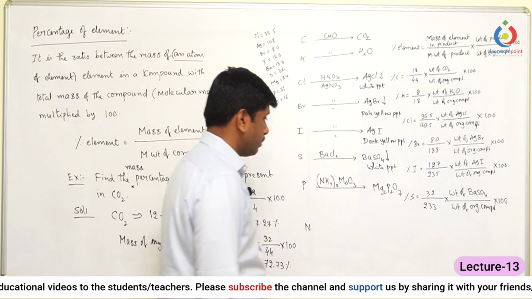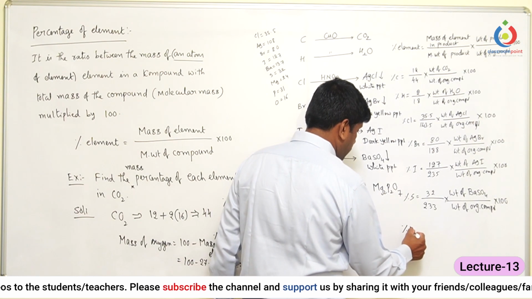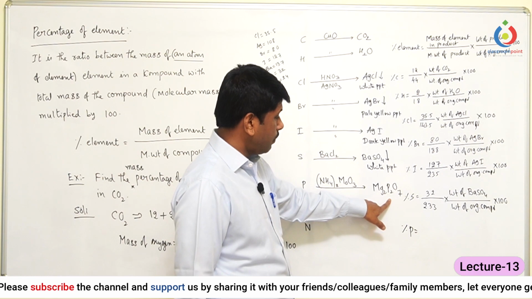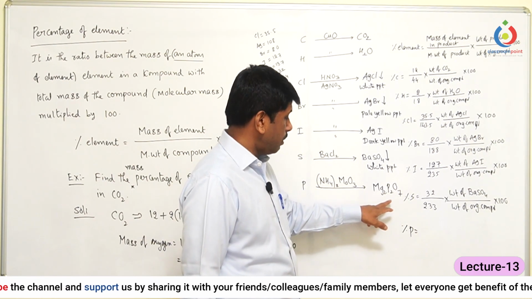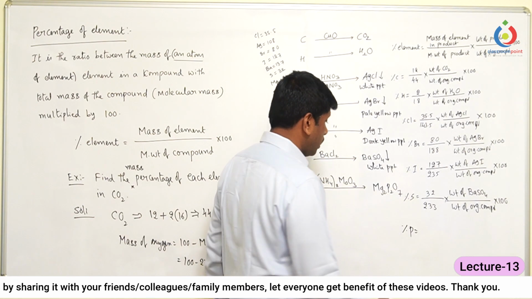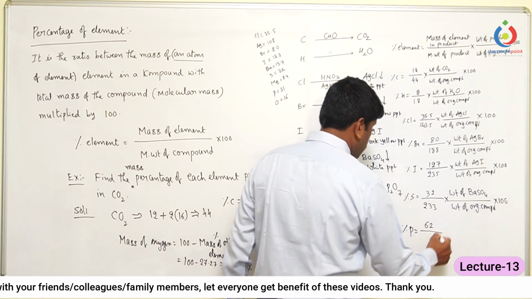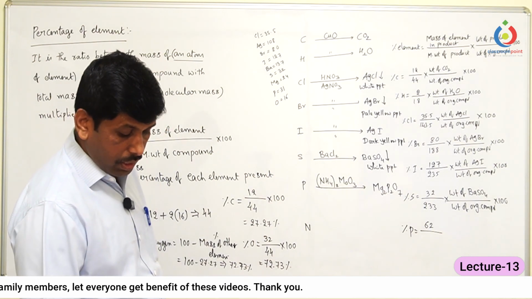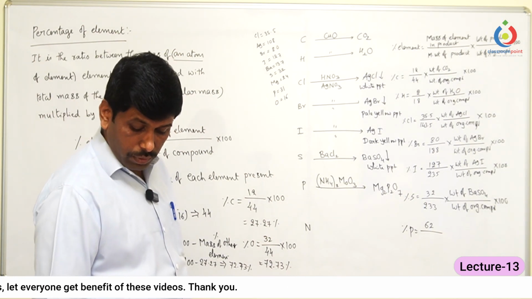Next, percentage of phosphorus. How many phosphorus atoms are present in the final product, magnesium pyrophosphate? 2 phosphorus atoms are there, 2 into 31 means 62. 62 divided by total molecular mass. Let us take the help of the calculator to reduce the length of the video.